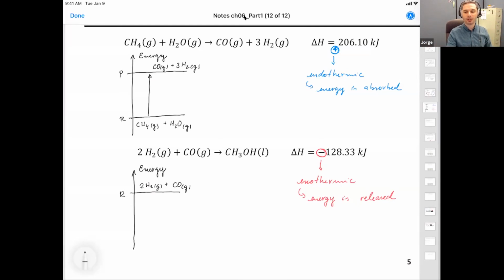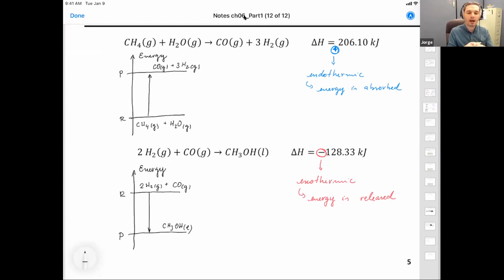If energy was released, that means the system lost energy, meaning the energy of the products is below the energy of the reagents. And then just write all the products that you have formed.